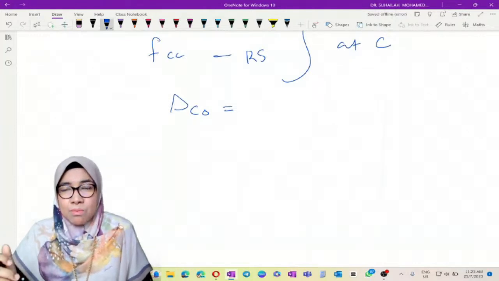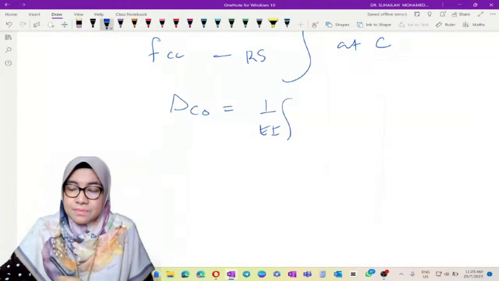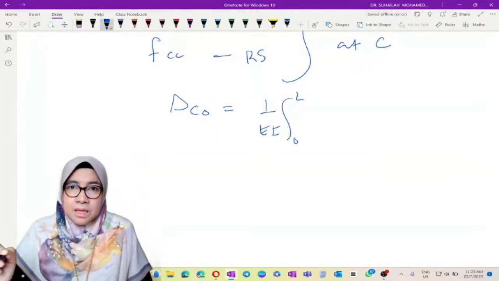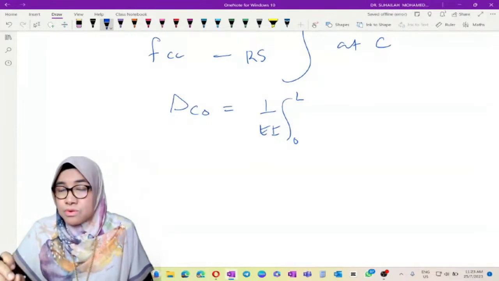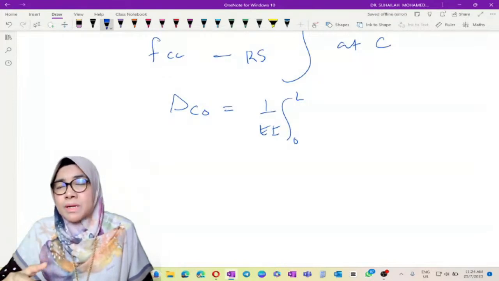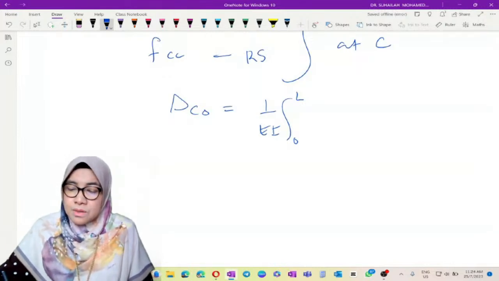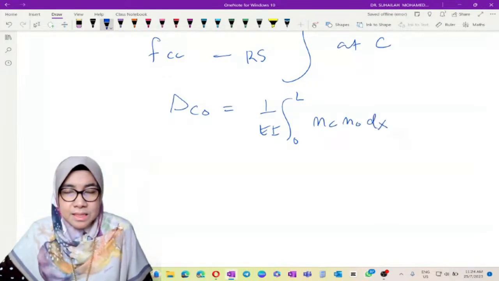It is 1 over EI from 0 to L, and we have to integrate two moment equations, M times M. So it is MC M naught dx.